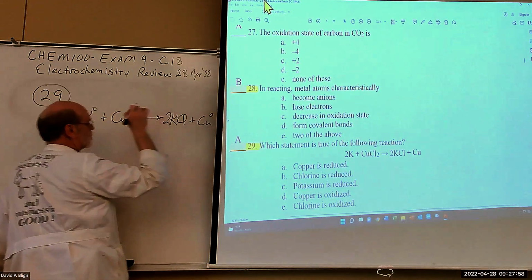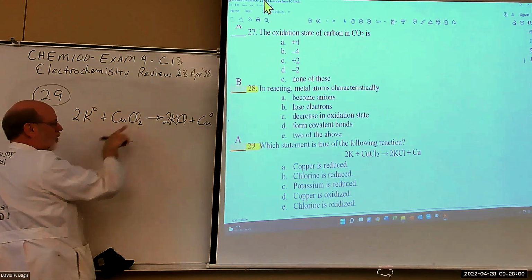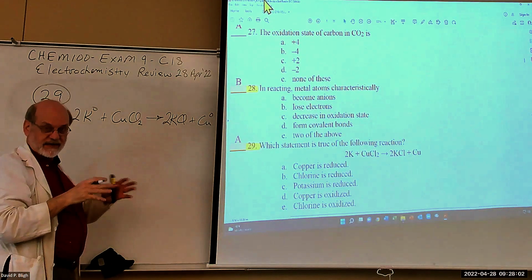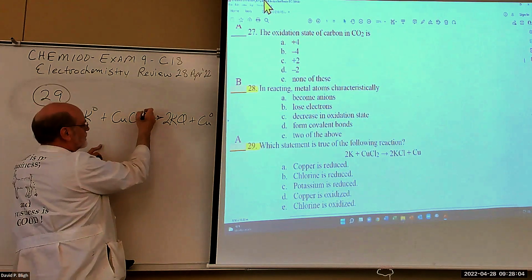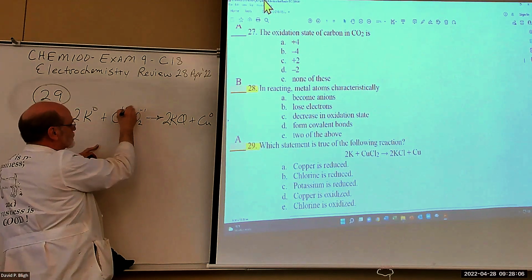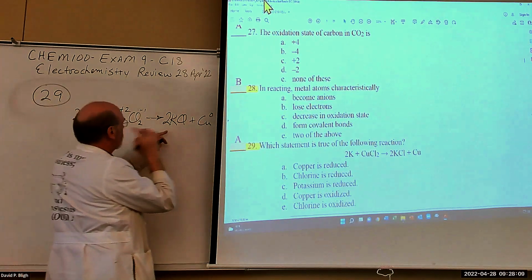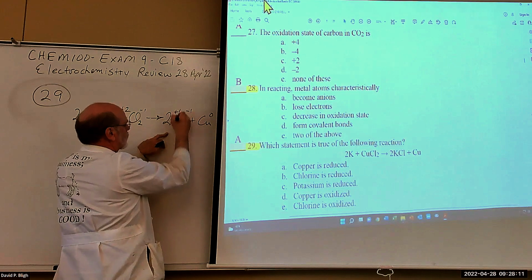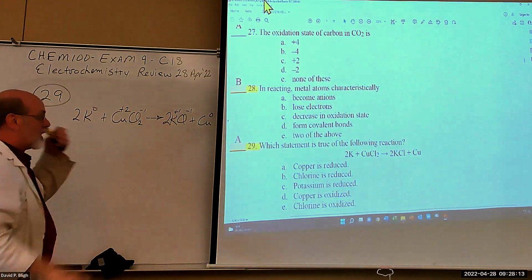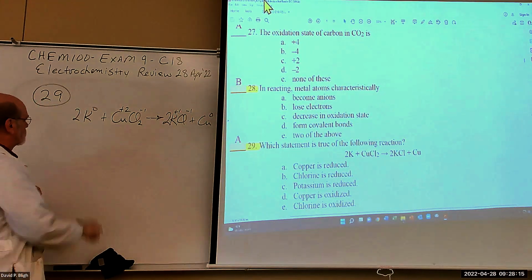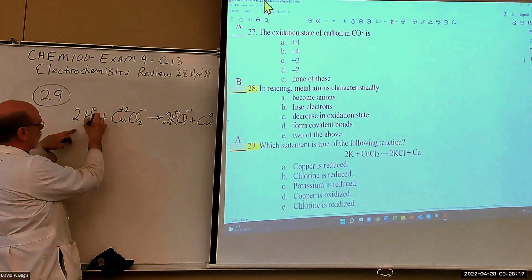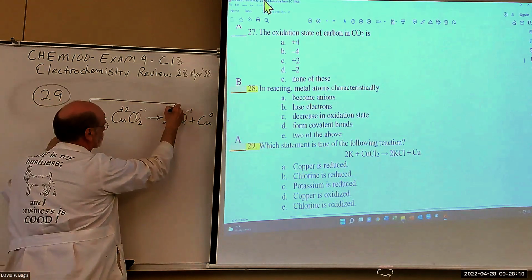So that's 0. This one is 0. Chlorine we have to assume is a -1 as a halogen. So that means this one's a +2. Chlorine again, -1 and +1 here. Okay, so what's happening? Well, potassium is going from 0 to +1.